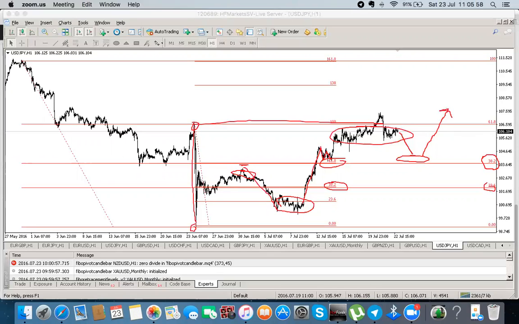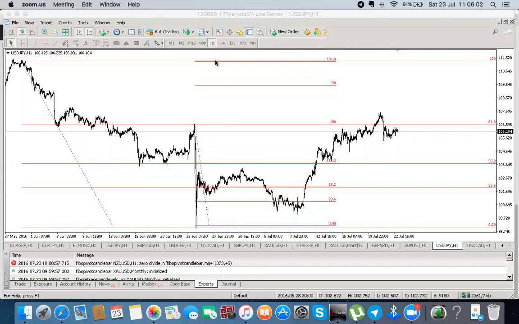So that's what I'm looking at, because if you look at this zone right now, it's making a small head and shoulder pattern, right? Whenever we have this head and shoulder pattern, that means the buyers are exhausted and there may be a small sell-off, okay?